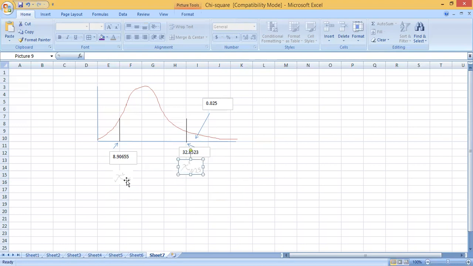Okay, so in the same way, chi-square at 0.975 means that 97.5% of the chi-square values are to the right of chi-square 0.975, to the right of this. So this is the pictorial presentation. Now I am going to clarify the chi-square test with an example.